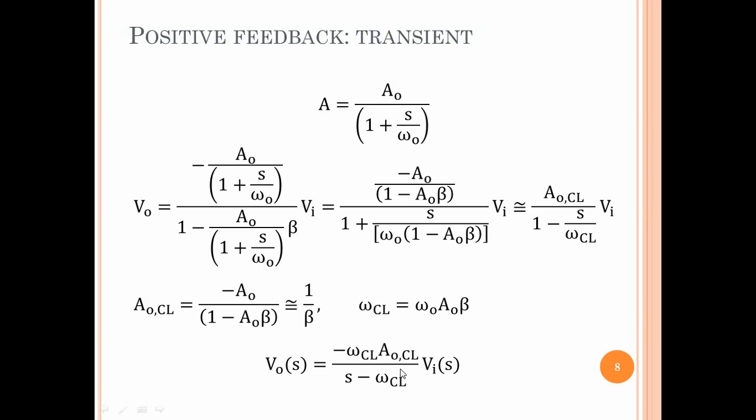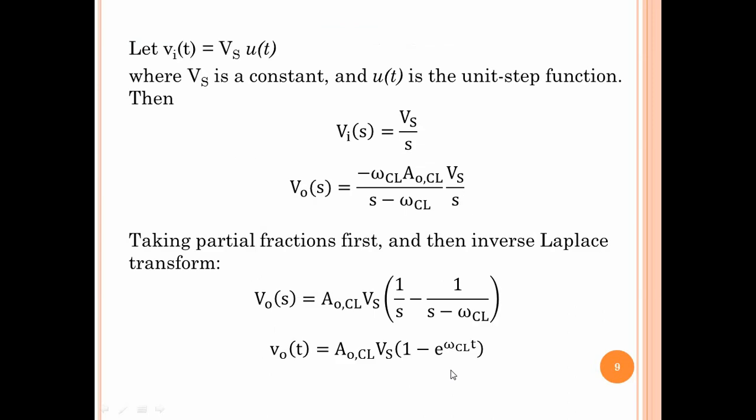So we write this and then we apply a step function at the input. Vi is a step function because it has a magnitude Vs. Okay, so Vi is Vs by S. Vo is all this with a negative sign here. We take partial fractions of this.